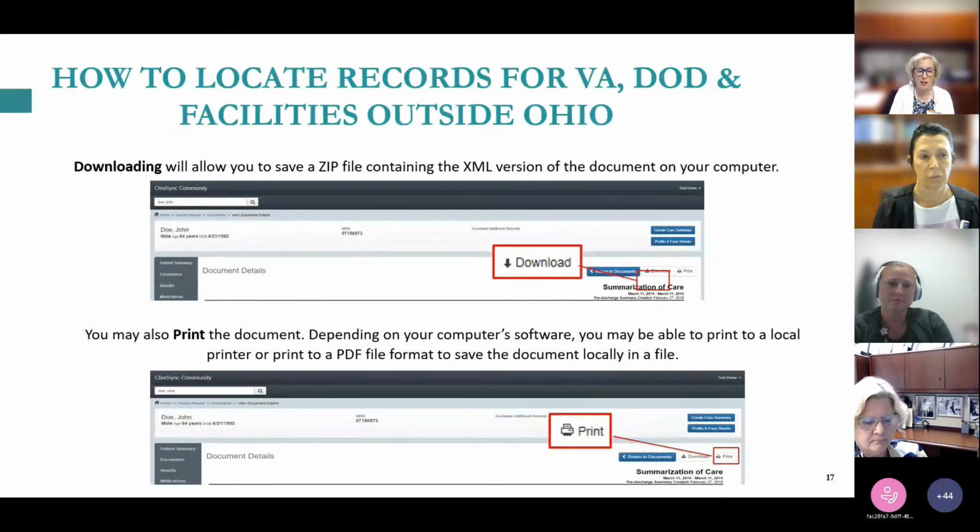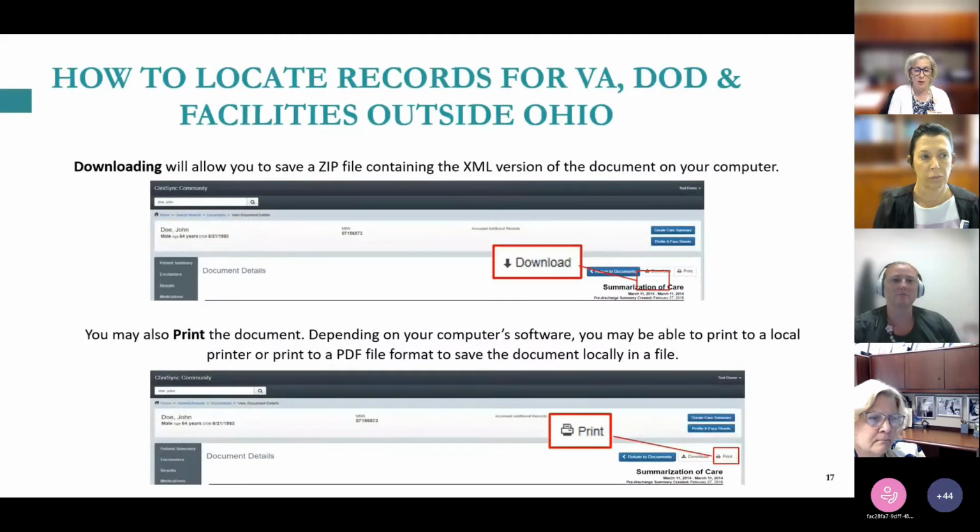Okay, and then from here, you can do one of two things. You can either download your document, and then you can save it as a PDF if you want. If you save it as a PDF, if there are certain pages you want to print, you can print from that if you don't want to print the whole continuity of care document.